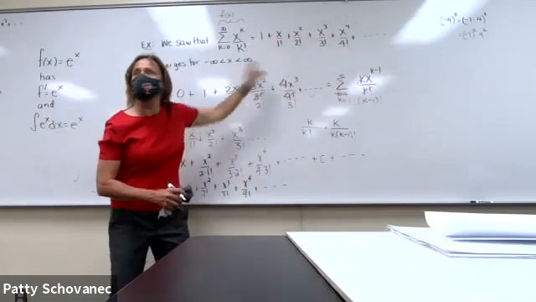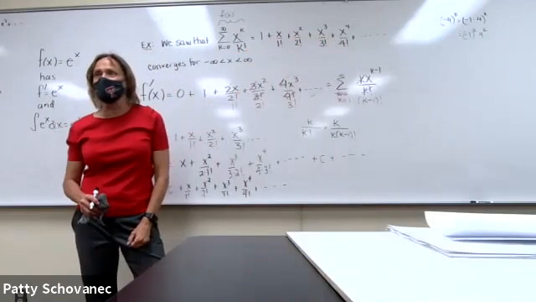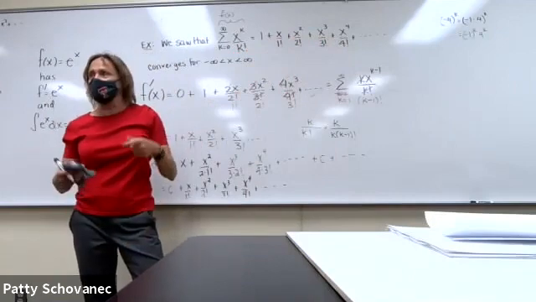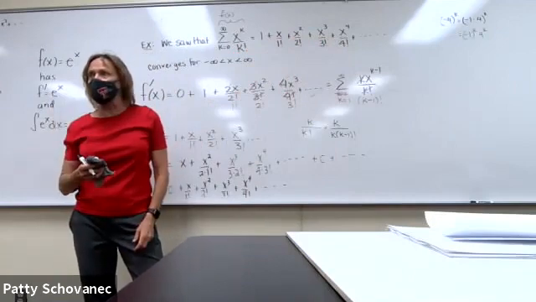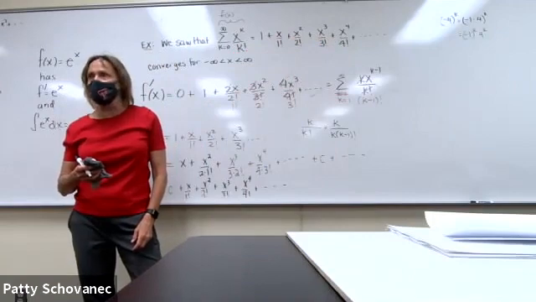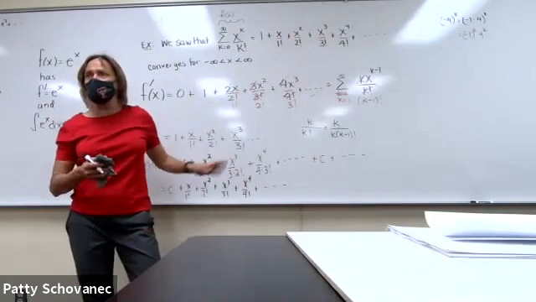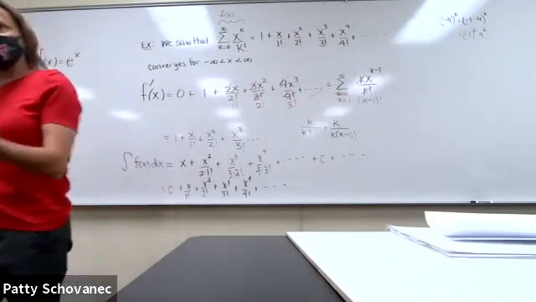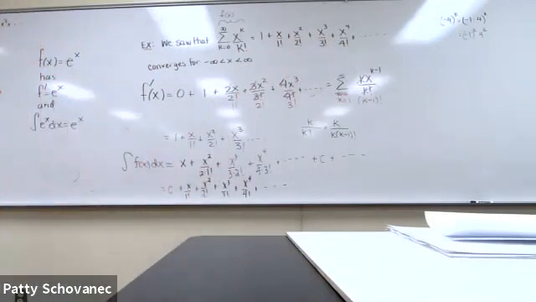Then I integrate term by term in the power series. And if I have a definite integral, I can get whatever accuracy I want just by tacking more terms on there. So we can use the power series to give us values of definite integrals that we don't know how to integrate in closed form.